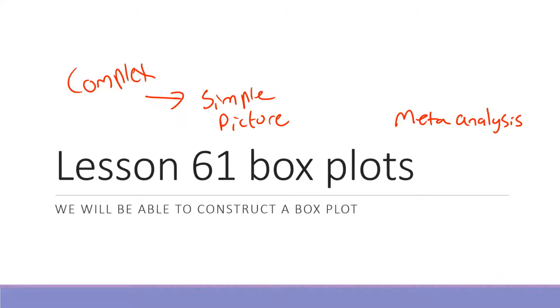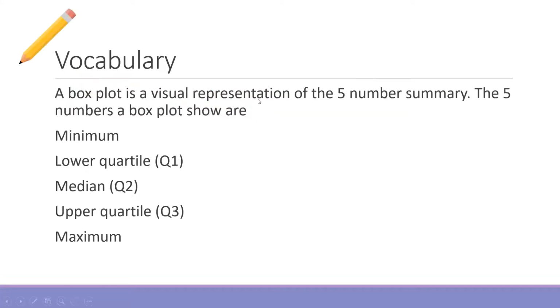So that's why it's a pretty important skill to have. So let's jump in and have a look at what a box plot is, and then how to make one. A box plot is a visual representation of a 5-number summary.